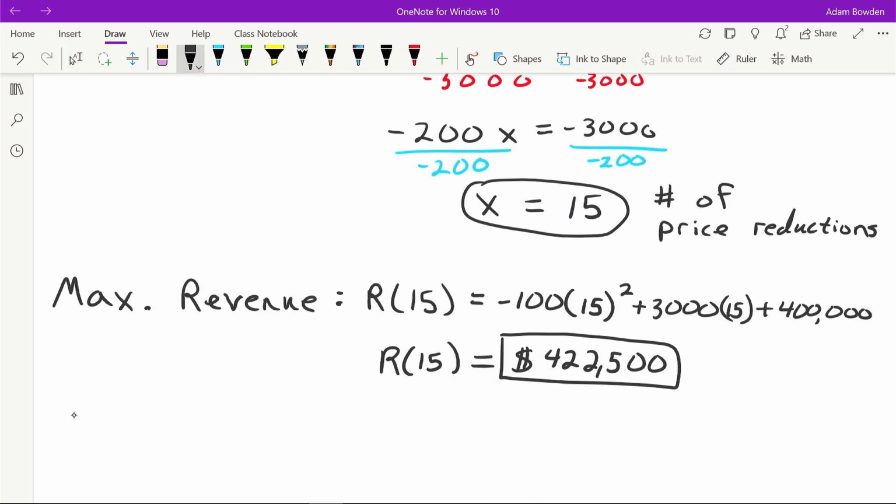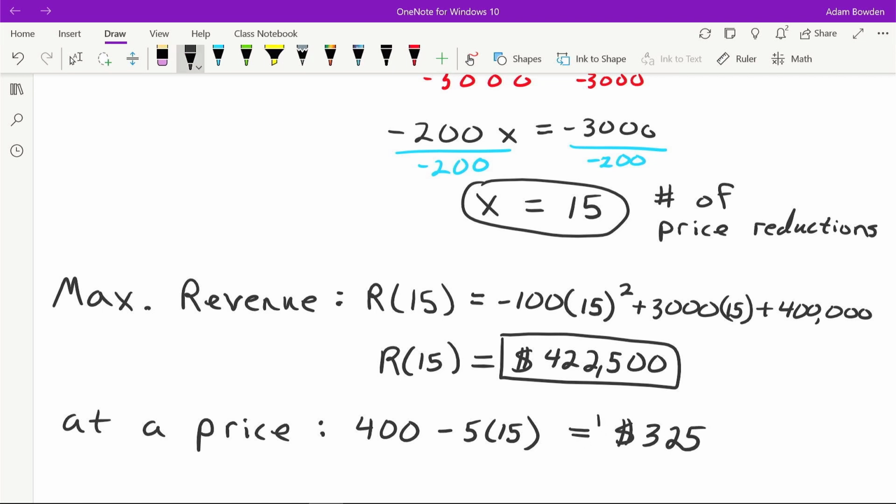And that's their maximum revenue at a price that we can calculate by doing 400 minus 5 times 15, because they're taking $5 off, but they're doing 15 reductions in price. That comes out to a price of $325.